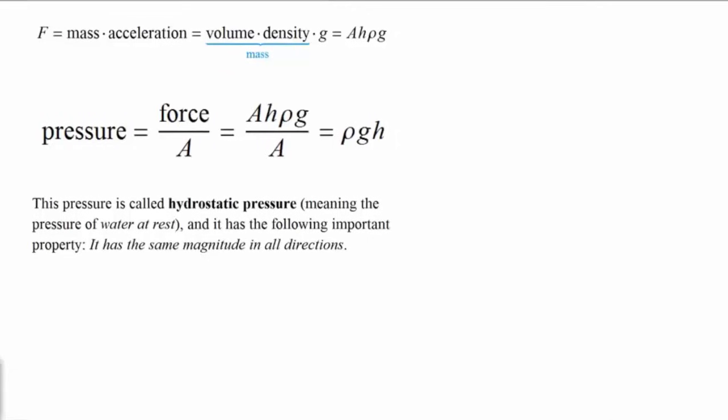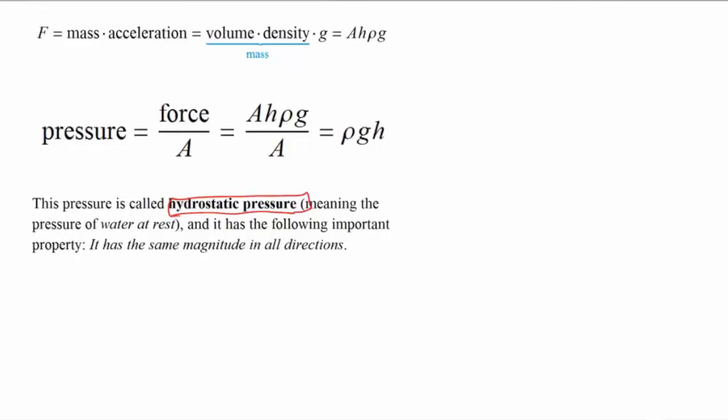The very last kind we're going to talk about is pressure. So pressure, in particular, we mean hydrostatic pressure. And that means pressure of water, still water. So, the pressure of water on the side of a swimming pool.